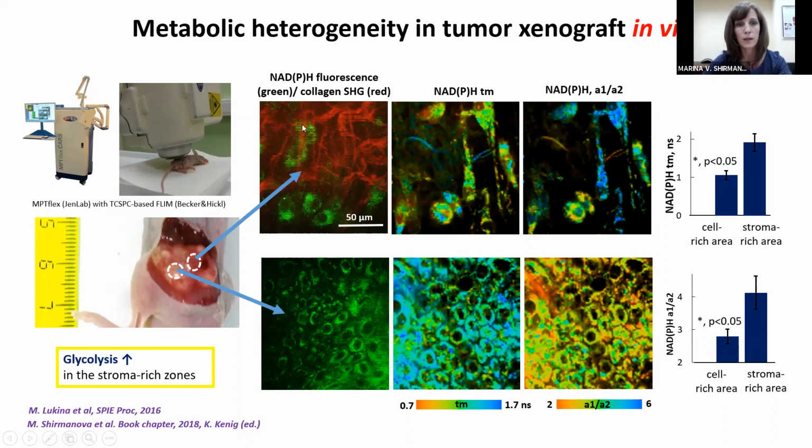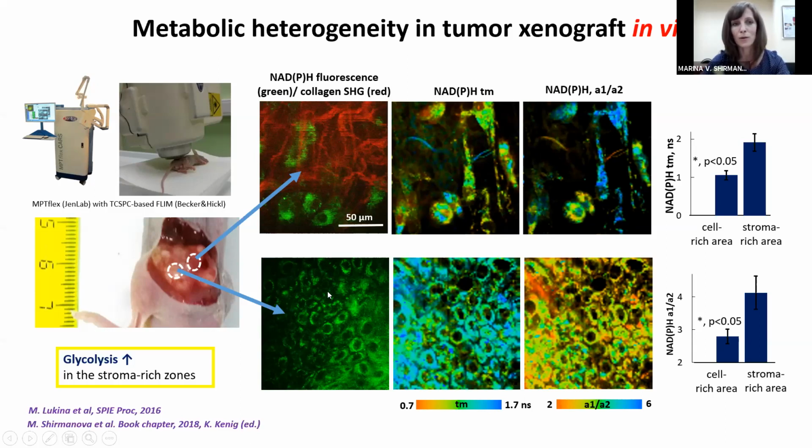For example, the cells located in the stroma-rich area, cells are shown in green color here and here, and collagen fibers shown in red color. So the cells located among the collagen fibers were more glycolytic than the cells in the more cellular zones.